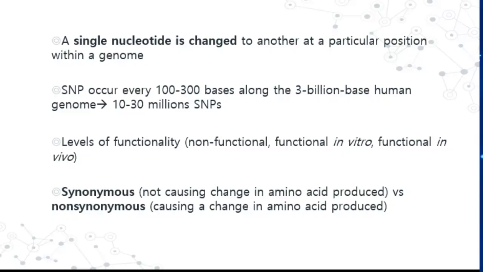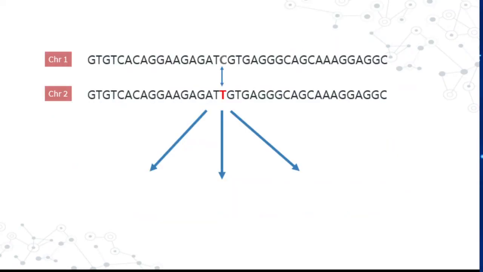Synonymous means that the SNP does not change the amino acid produced, whereas non-synonymous SNPs actually cause a change in the amino acid produced. So we will look further. For example, here we have two strands of chromosome at this location of the allele. Now we want to read the genotype of this SNP. Here we have C as the reference allele and T as the variant allele.